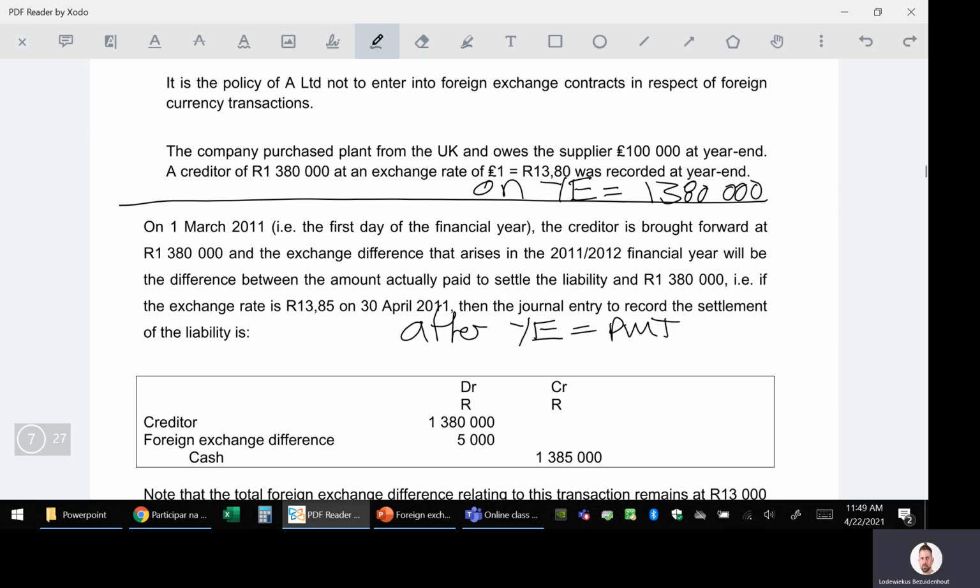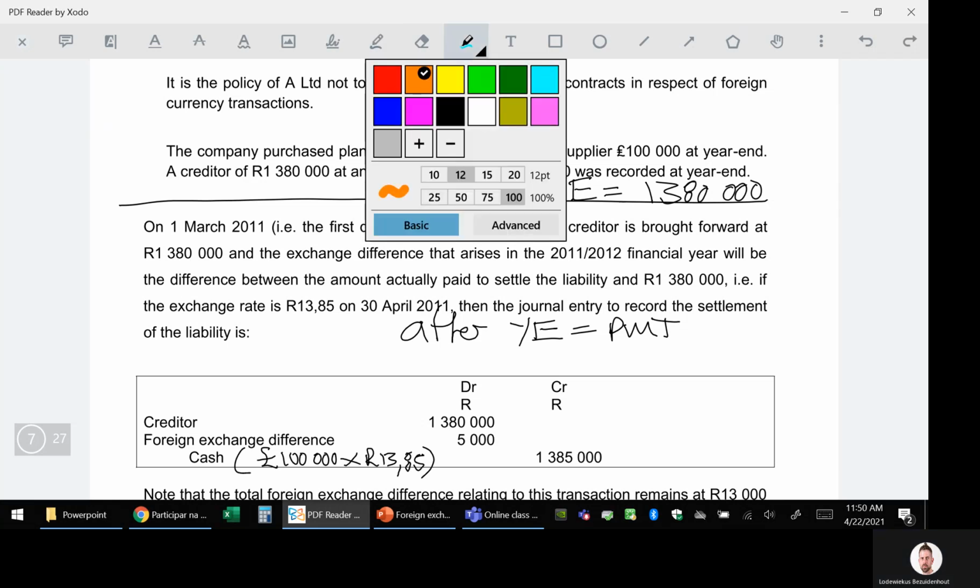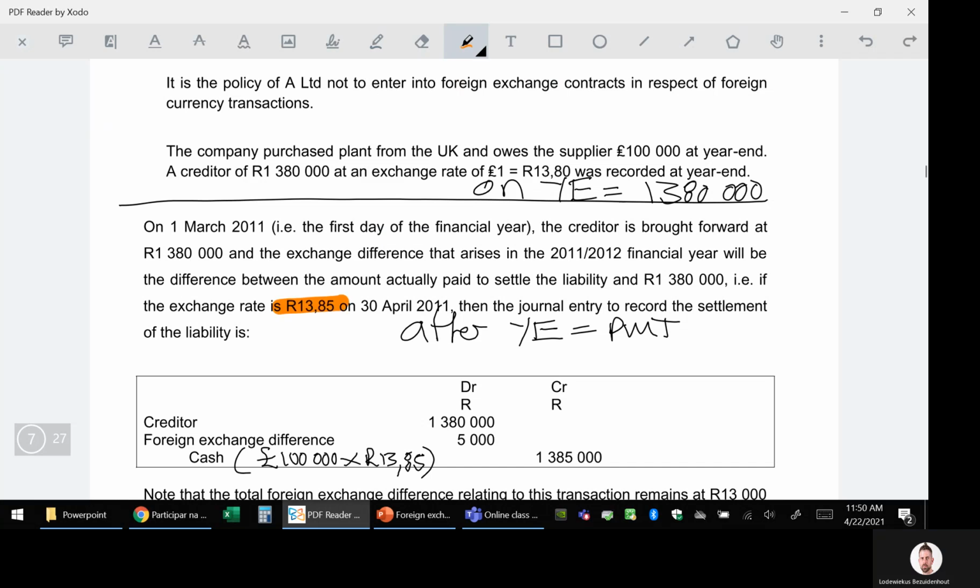Now if we have a payment subsequent to year end, we make a payment. The payment is £100,000 times the spot rate of 13.85 on the payment date. They give us the rate. We convert the amount that we need to pay, £100,000, at the spot rate.